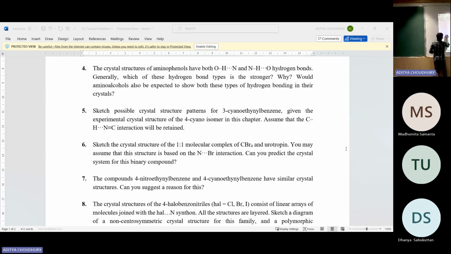One is going to be NH O and the other OH N, and you have the possibility of both. For example, in the phenol, with OH over here, it can interact with the next molecule.